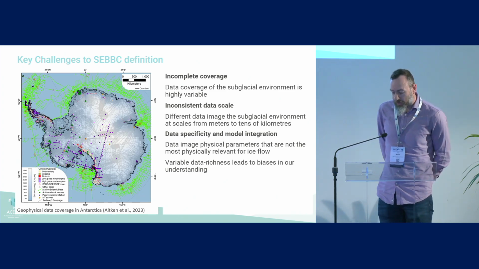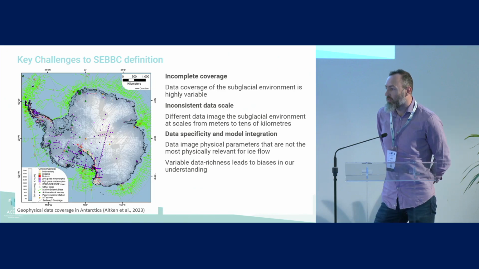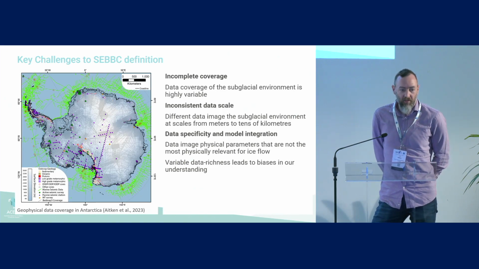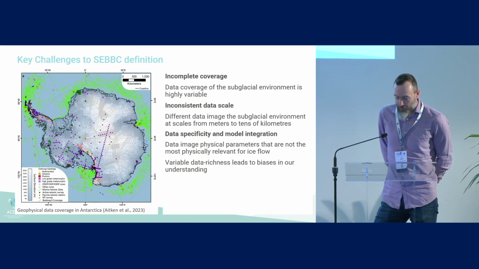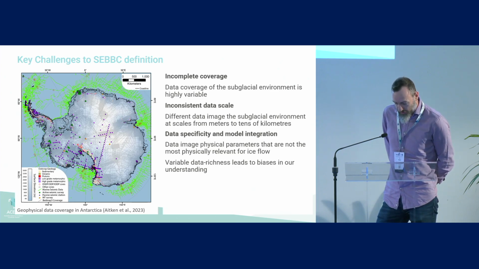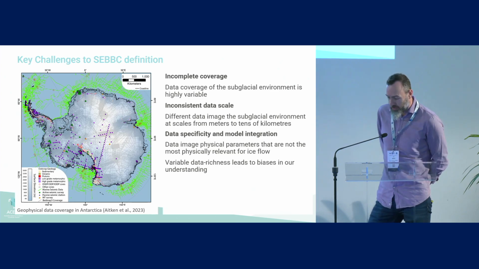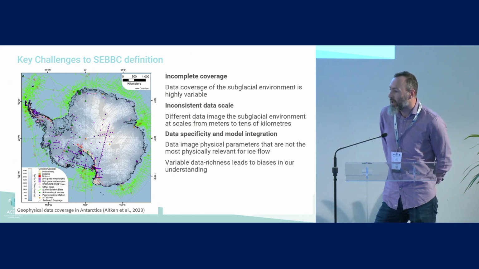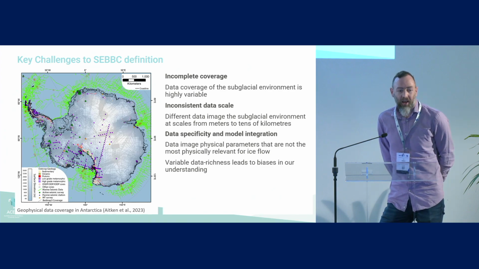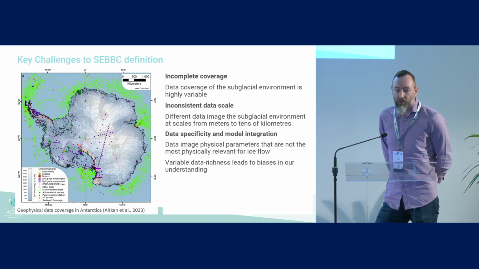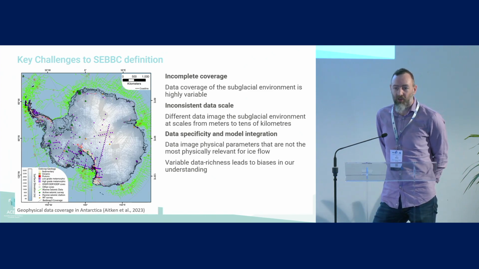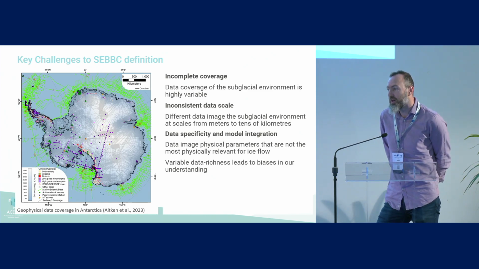This image shows a summary picture of the data that we have that's of relevance to understanding what's happening at the base of the ice sheet. And it looks pretty good when you've zoomed out to this scale. It looks like there's a lot of data there. But really, we still have a long way to go in terms of increasing coverage. Also, our data are all sensitive to different scales of investigation, and that's quite an important factor when we try to understand what's happening with a basal boundary condition.